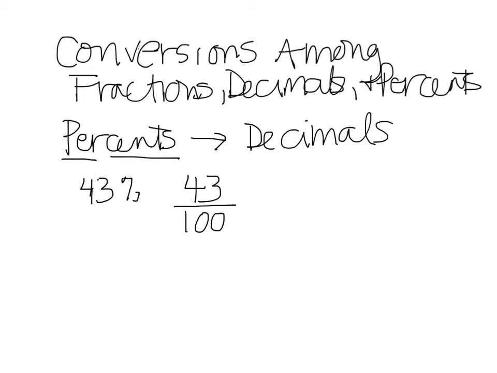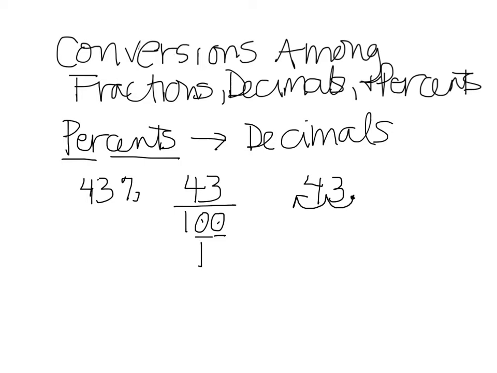The fraction bar also means divided by, and as we've been working on as well, when we divide by a power of 10, we move the decimal point to the left the same number of places as we have zeros. So we might not see the decimal point in 43, but it's right there. And if I divide by 100, I'm moving the decimal point to the left.